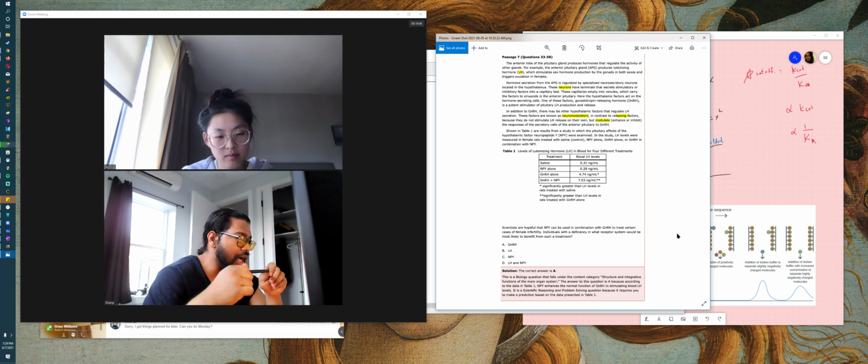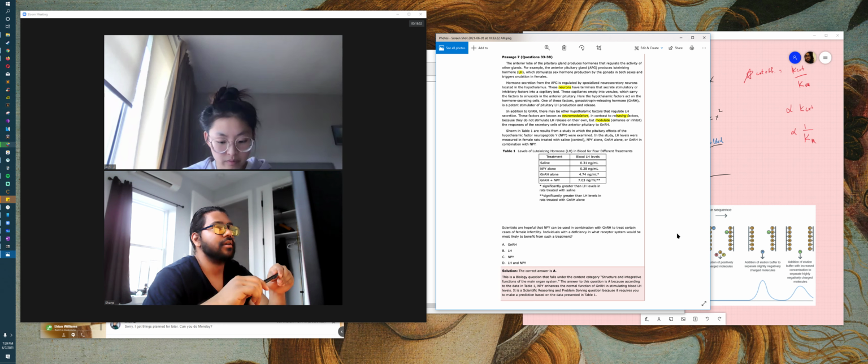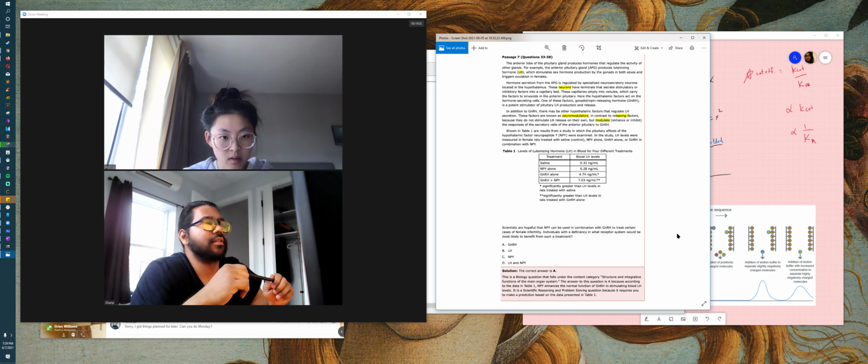But predominantly, what we're thinking of in this case, I see in the first paragraph, they're saying that LH stimulates sex hormone production by the gonads and triggers ovulation, right?